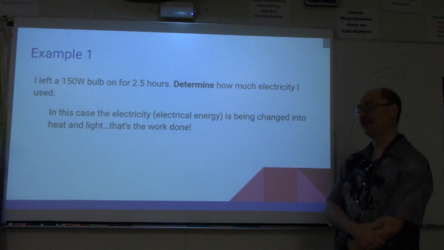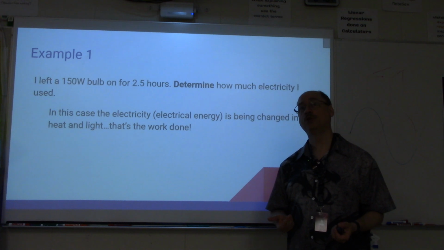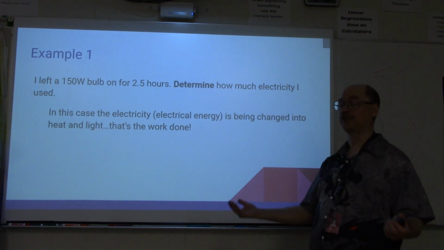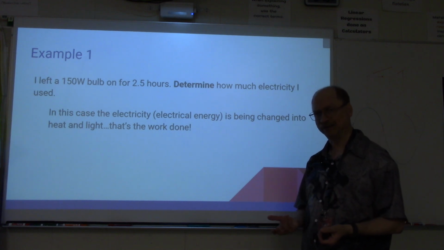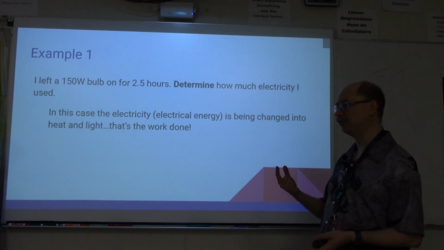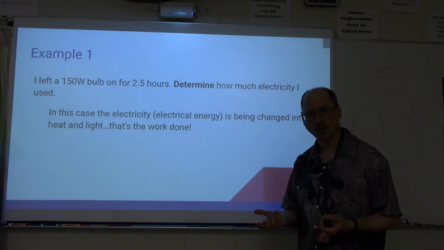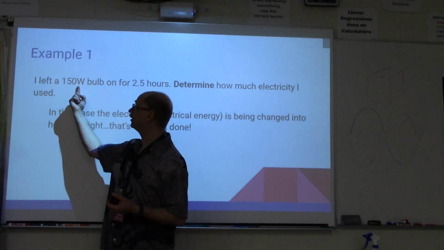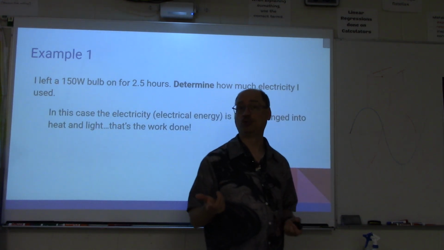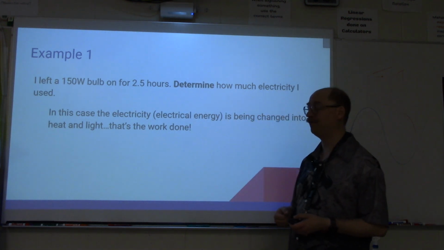So if I did have a 150 watt light bulb that I turned on for 2.5 hours, how much electrical energy did I use? Basically, how much work did it do for me? So what I would have to do is consider that what I've been given is the power, the rate at which energy is being used by this bulb, 150 joules every second that it's turned on, and that I turned it on for 2.5 hours.